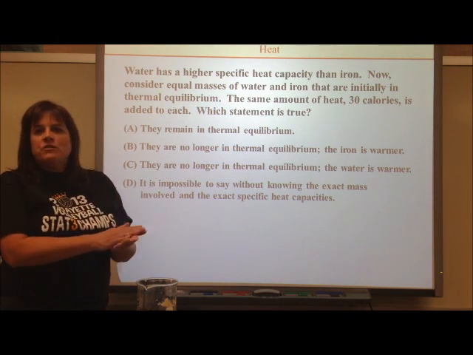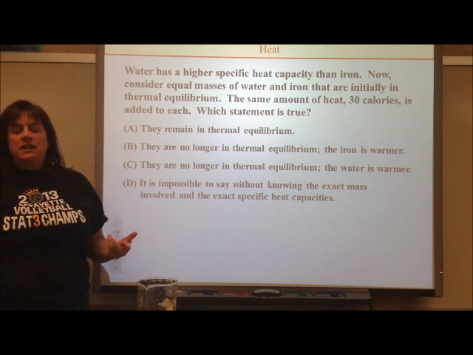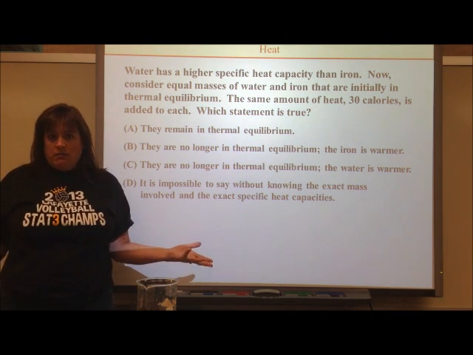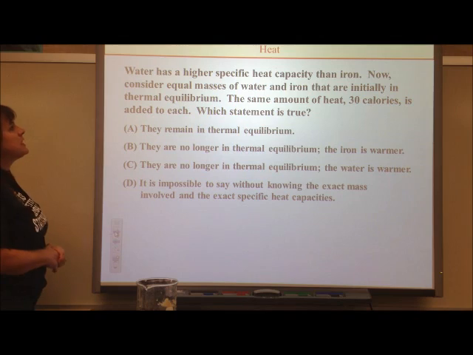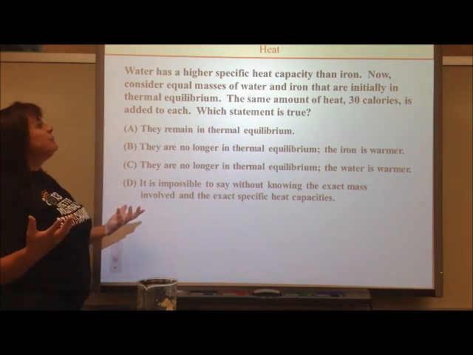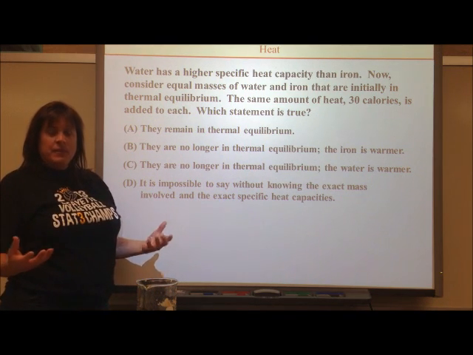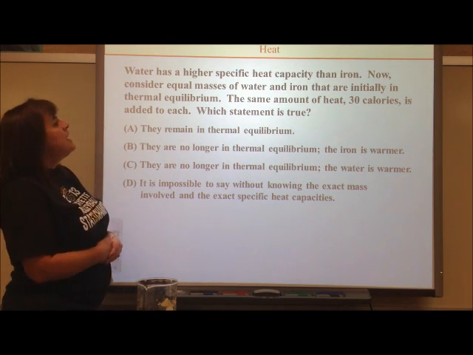I have one question for you and then we will be done. Water has a higher specific heat than iron, right? Water, in fact, has the highest specific heat. If we have equal masses of water and iron that are initially in thermal equilibrium, that means they're at the same temperature, correct?